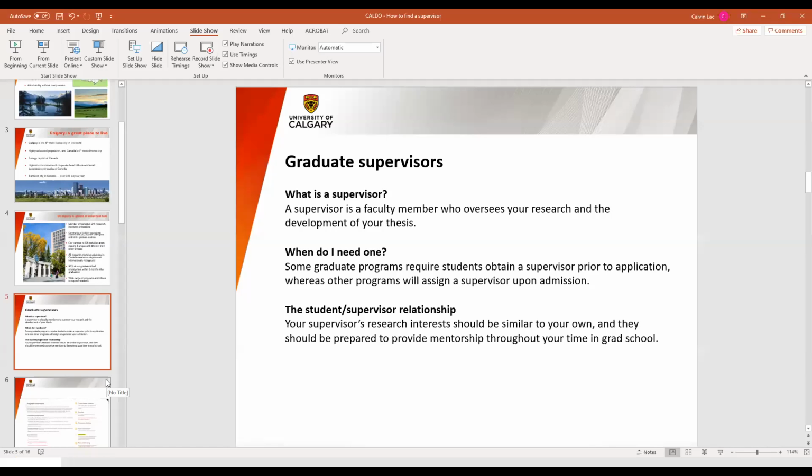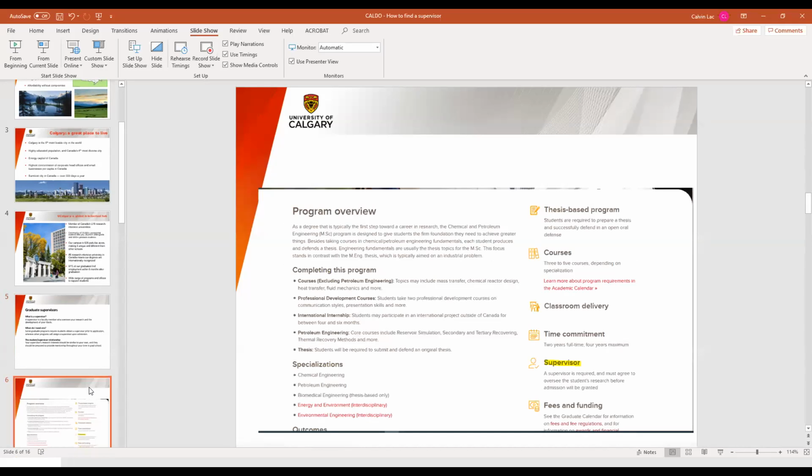The challenge now is, how do you identify a supervisor? That's a question that a lot of prospective students have. And we try now at the University of Calgary to make it easier for students to identify supervisors who are accepting students. So if you visit a program page, for example, this is what you'll see.